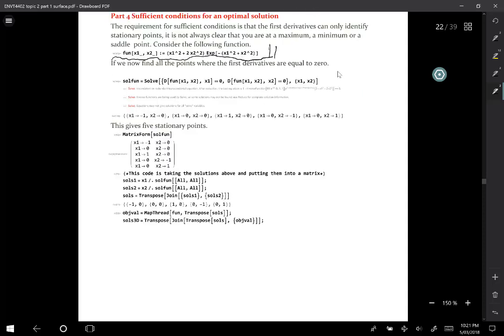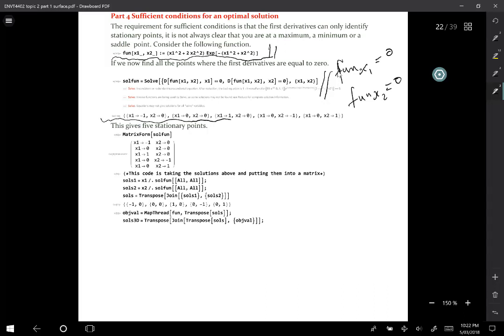If you then try and analyze this function in the usual way, then you take the partial derivatives of fun with respect to x1 and fun with respect to x2, and you set those equal to 0, and you let Mathematica do that because it would take quite a long time.